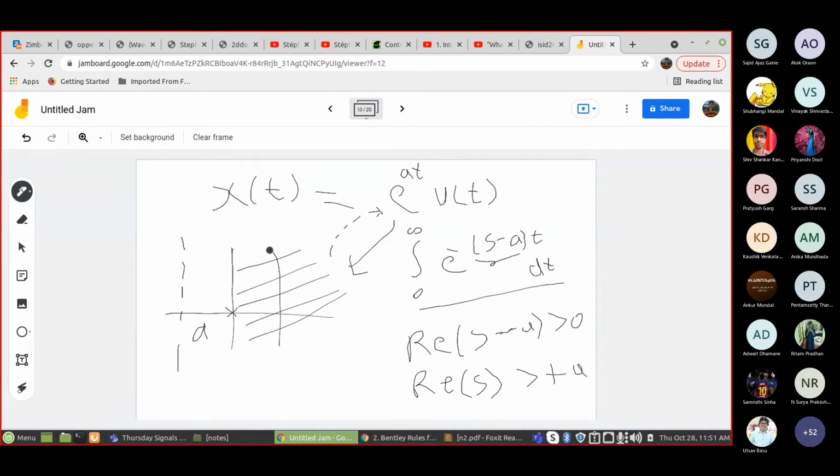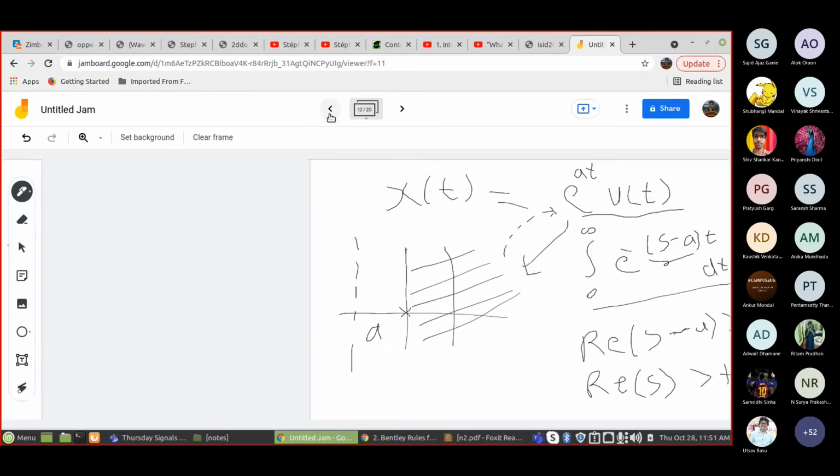The ROC includes all regions to the right of this. So for those values of s, the integral converges. So your signal has to be causal. If it had not been causal, then you should have had the left of a within your ROC. Is that okay? Yes. Okay.